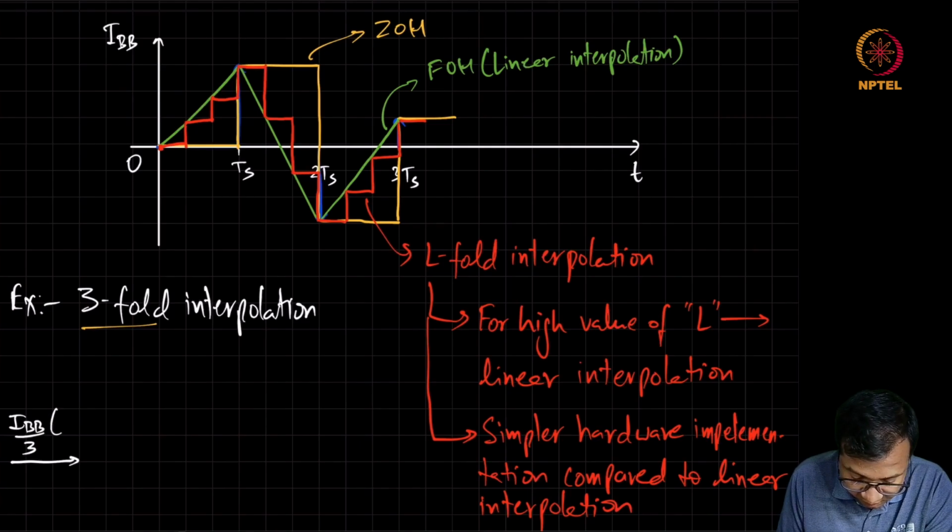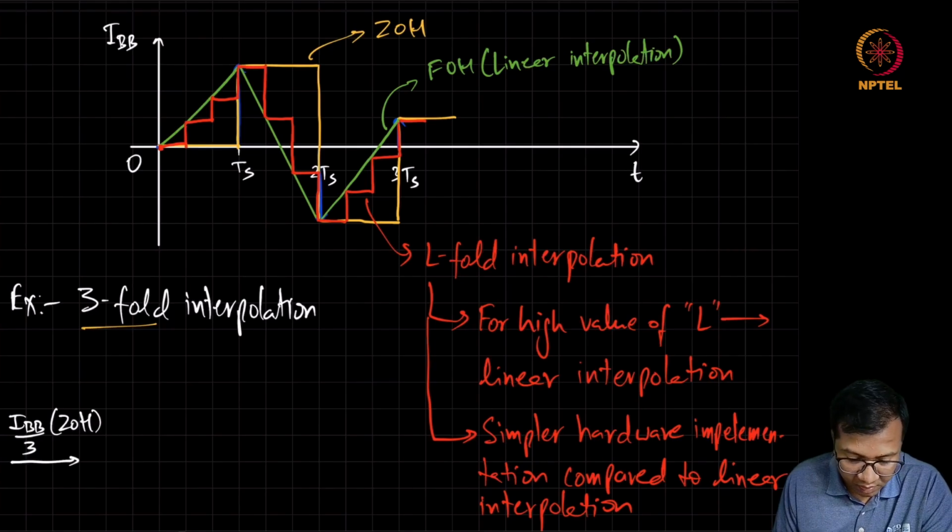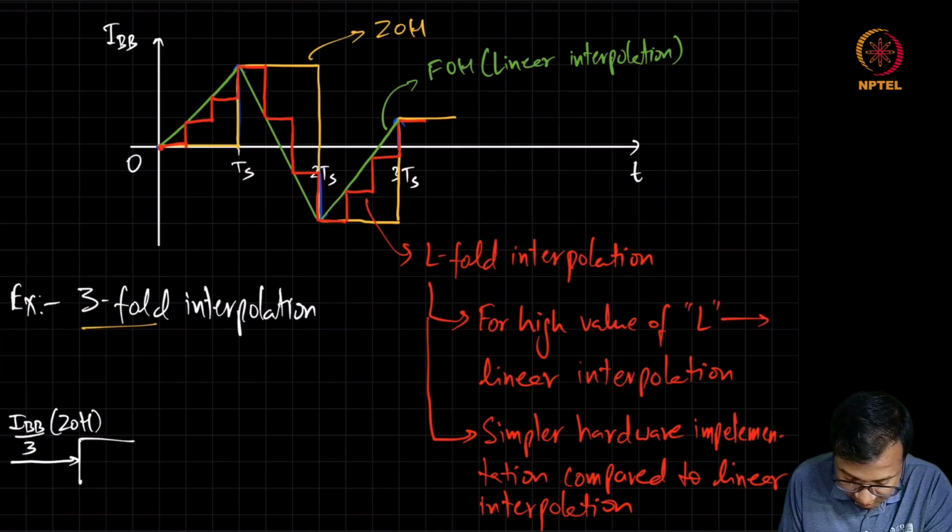This is zero order hold kind of output. So what we can do is add a delay, in our case Ts by 3.